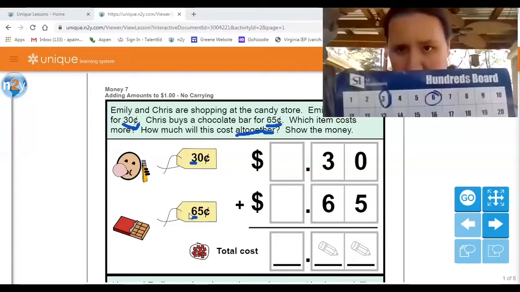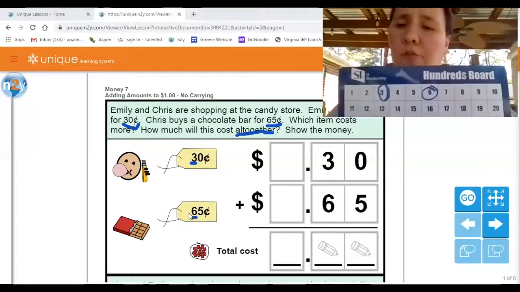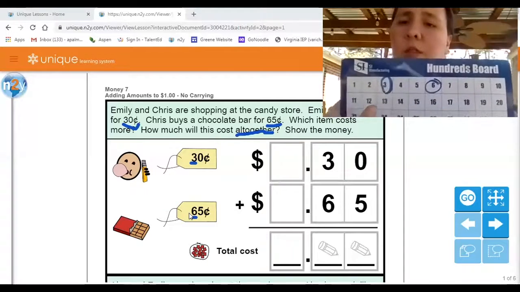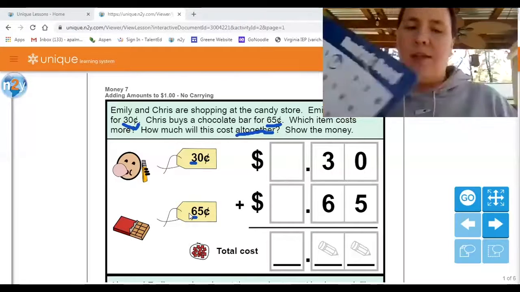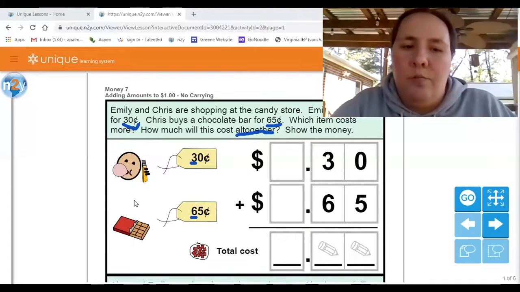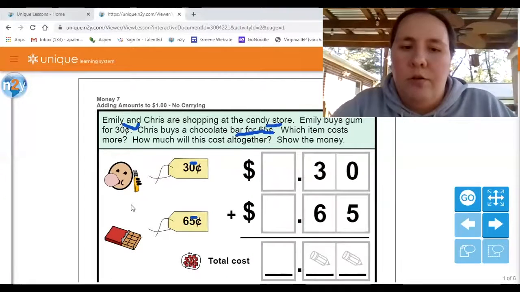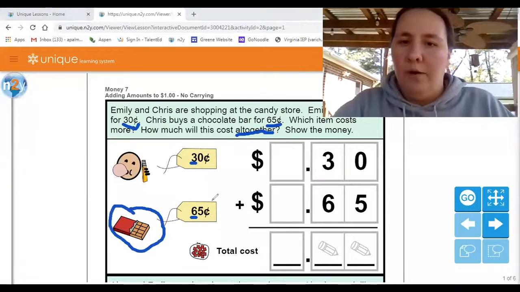The bigger number is the one that's further along in the hundreds chart. So which one is further in the hundreds chart, 3 or 6? Very good, 6. So my candy bar over here is worth more money. So I'm going to get my pen out and I'm going to circle the candy bar because that is more.